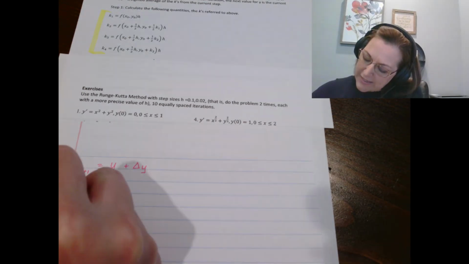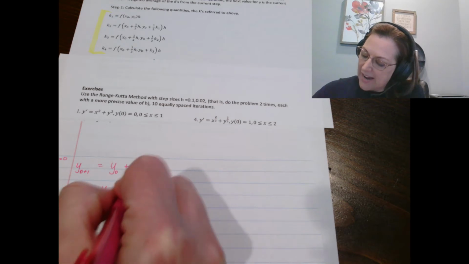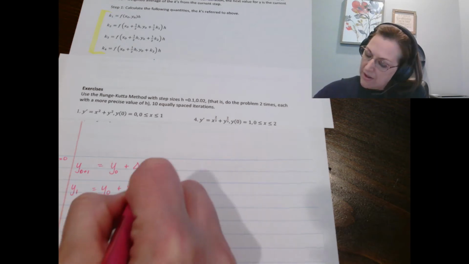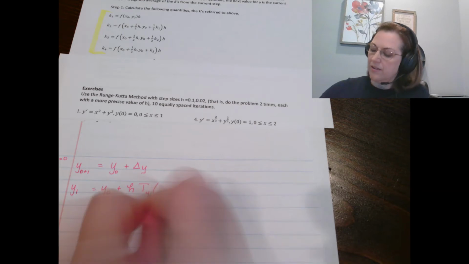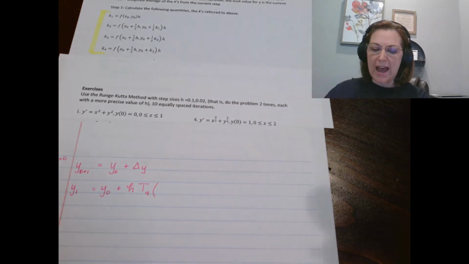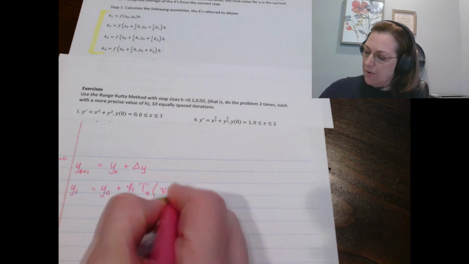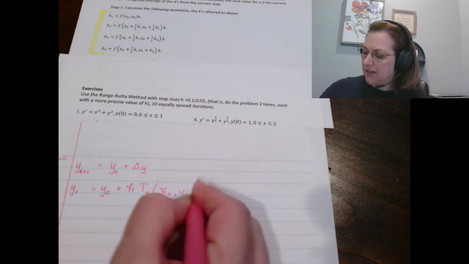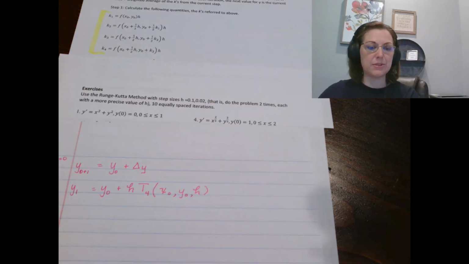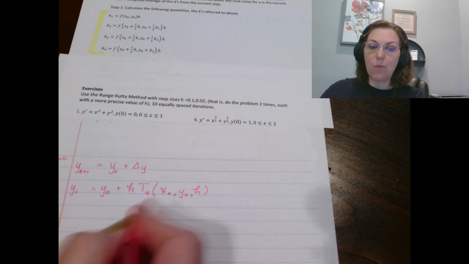That delta y is actually calculated by h times this Runge-Kutta weighted average. And that's of x sub 0, y sub 0, and h, meaning we've got to know all of those values.